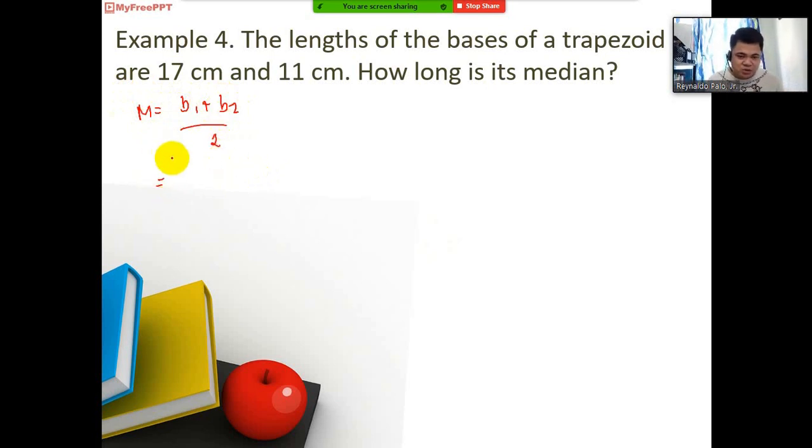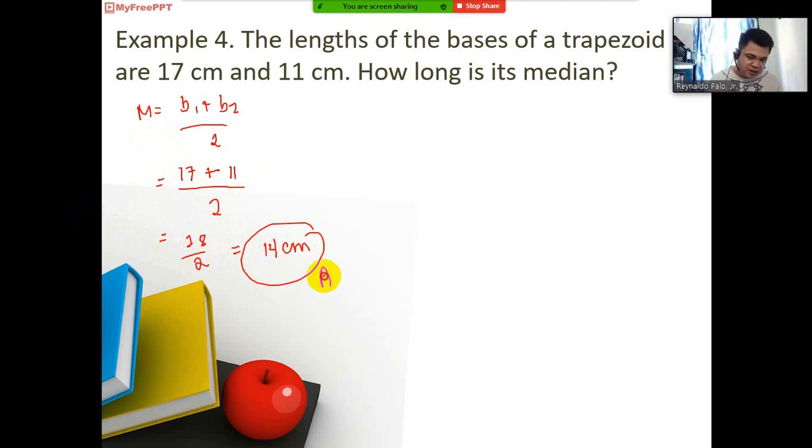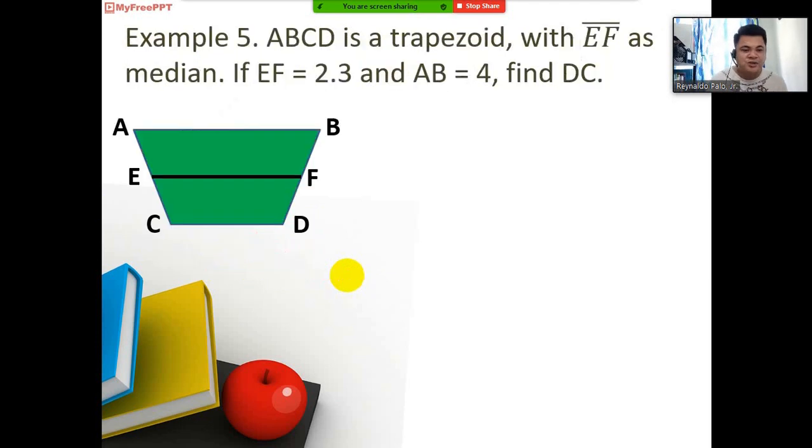Then substitute the values: 17 centimeters plus 11 centimeters over 2. 17 plus 11 is 28 divided by 2. Therefore, the median is 14 centimeters. As simple as that, class. If the median is missing, just simply substitute the bases into the formula.